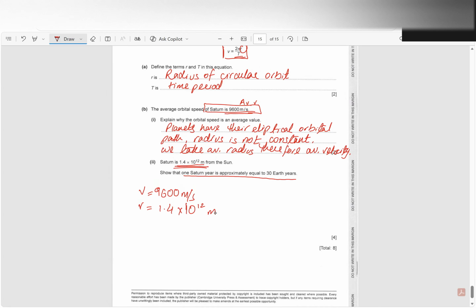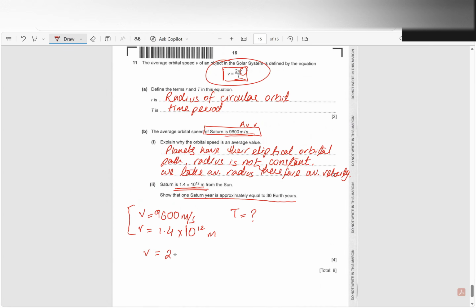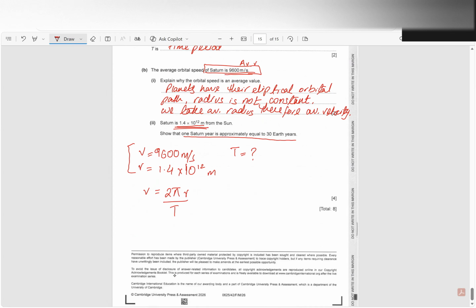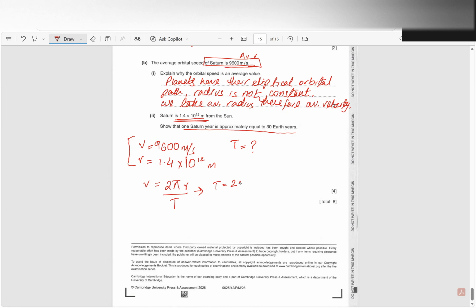So what can we find through this given information? We can find the time period, the time taken for Saturn to complete one orbit. How so? We have the formula V is equal to 2 pi r divided by T. We're simply going to make T the subject, and we are left with T is equal to 2 pi r divided by v.